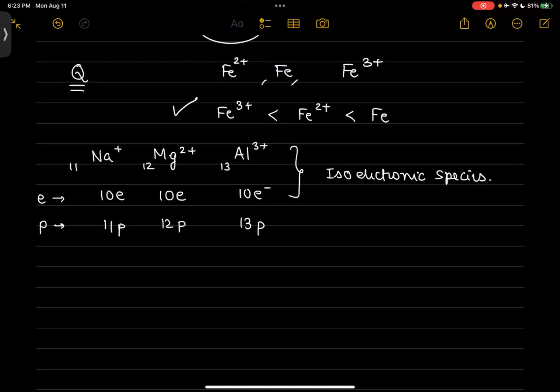There are 10 electrons, right? Yes, sir. But the protons are not the same. What do you think about the size? Ions of these elements, not elements.